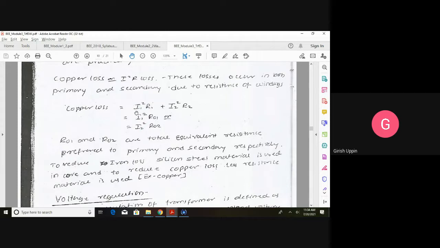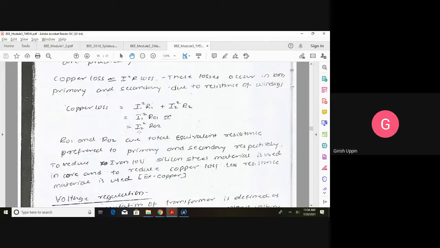So what is the loss on the primary side? I1 square into R1, plus the loss on the secondary winding, I2 square into R2, where I2 is the secondary current. Or if we take the total resistance with respect to the primary winding, that is R01, then we can have copper loss as I1 square into R01.